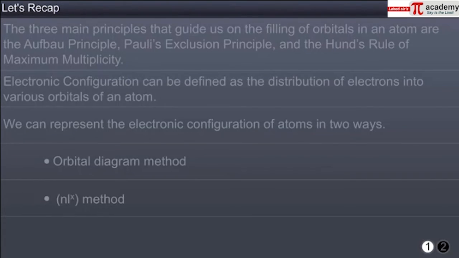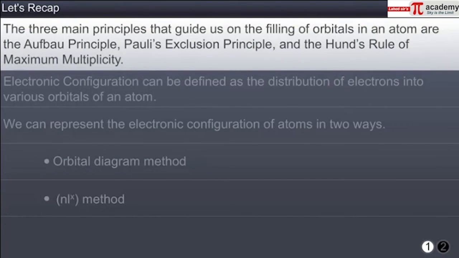You have now reached the end of this module. In this module, you have learnt that the three main principles that guide us on the filling of electrons into various orbitals in an atom are the Aufbau principle, Pauli's exclusion principle, and the Hund's rule of maximum multiplicity.